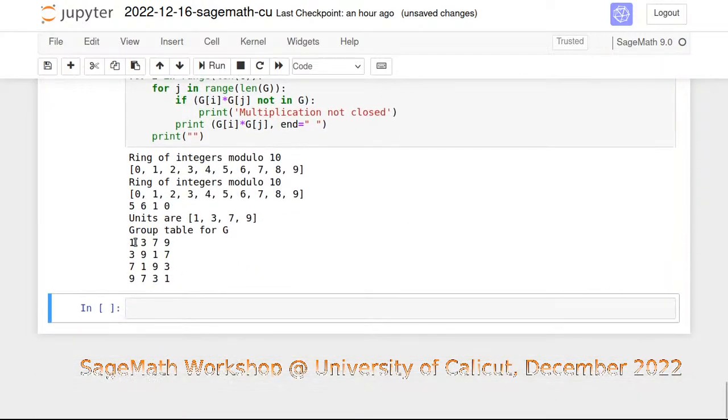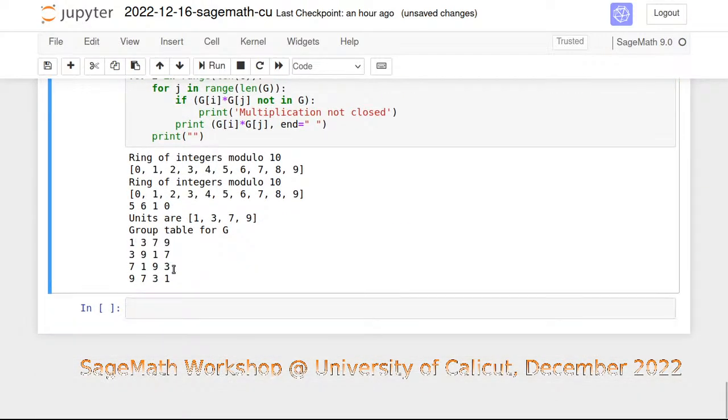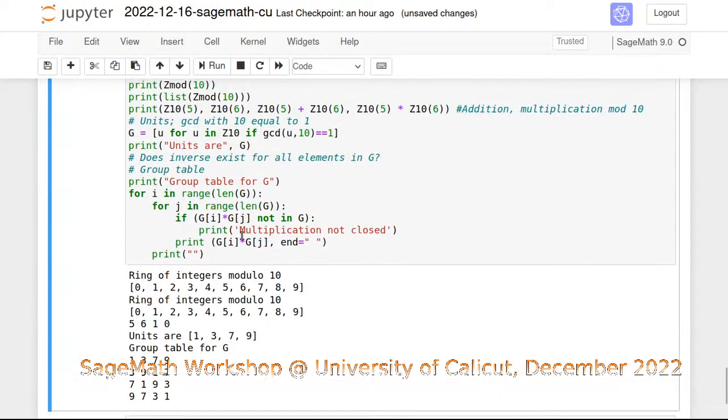So this is the group table for G, and from this can we conclude that, if you really want, you can print the elements as a line.